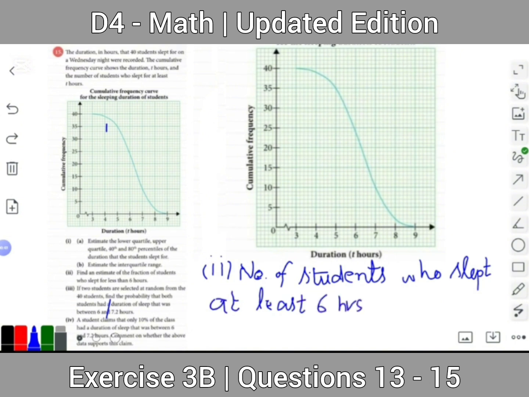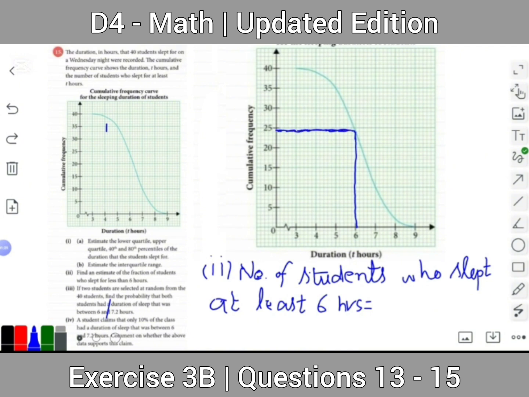For this, we will draw a vertical line from the point 6 on the horizontal axis until it touches the cumulative frequency curve. Now from the point of intersection on the curve, we will draw a horizontal line until it touches the vertical axis.